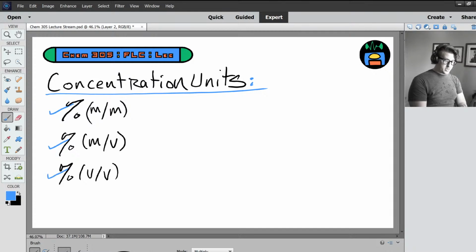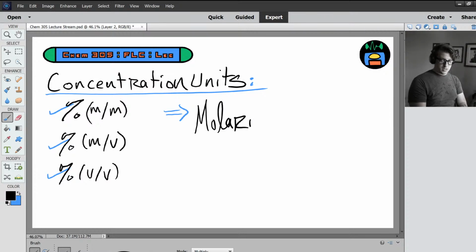The most important concentration unit, however, has yet to come into play, and we're going to start talking about it now. The most important concentration unit is molarity. All right, molarity is far and away the most important concentration unit.